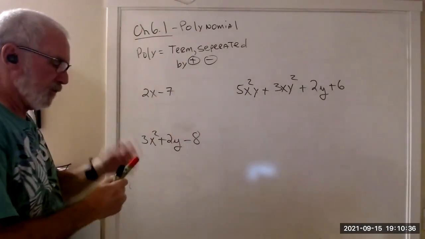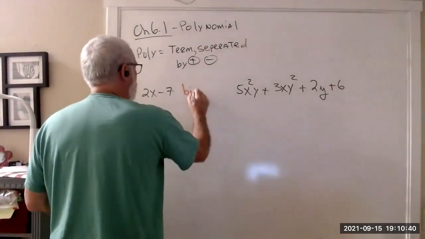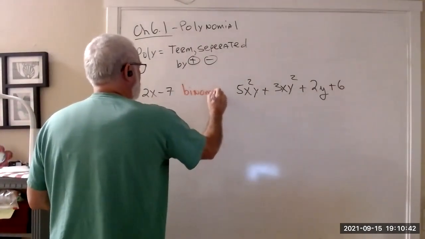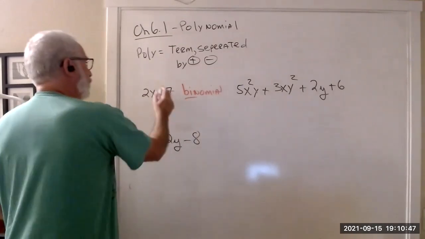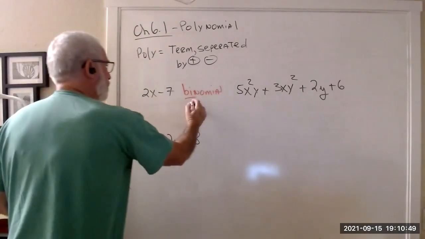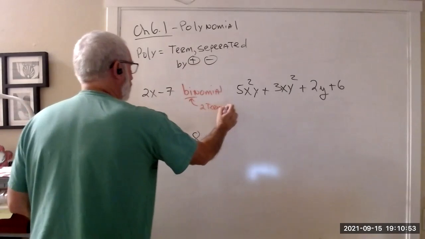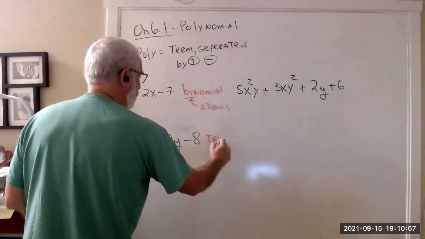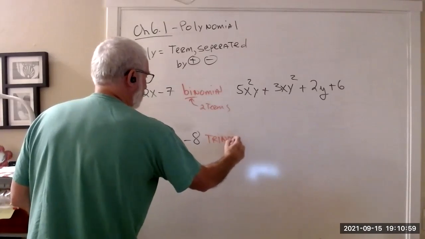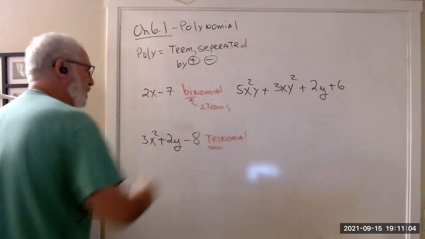We have special terms. This is called a binomial. Bi means two terms. There's two terms here. Okay, this is called a trinomial because the prefix tri means there's three terms.